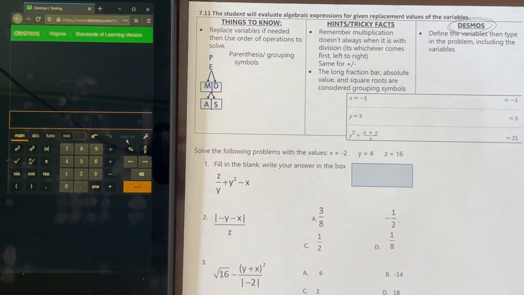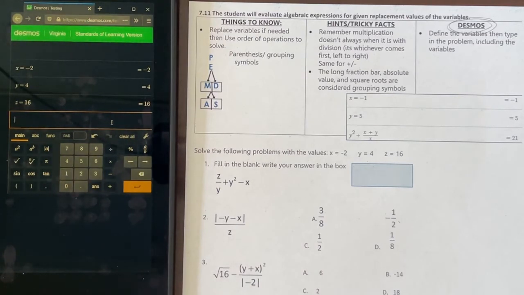So now I can define what those variables are. So it says when x equals -2, start a new line, hit enter, when y equals 4, and when z equals 16. I can now evaluate these expressions. Again, this is super simple. Make sure that you are practicing this for yourself.